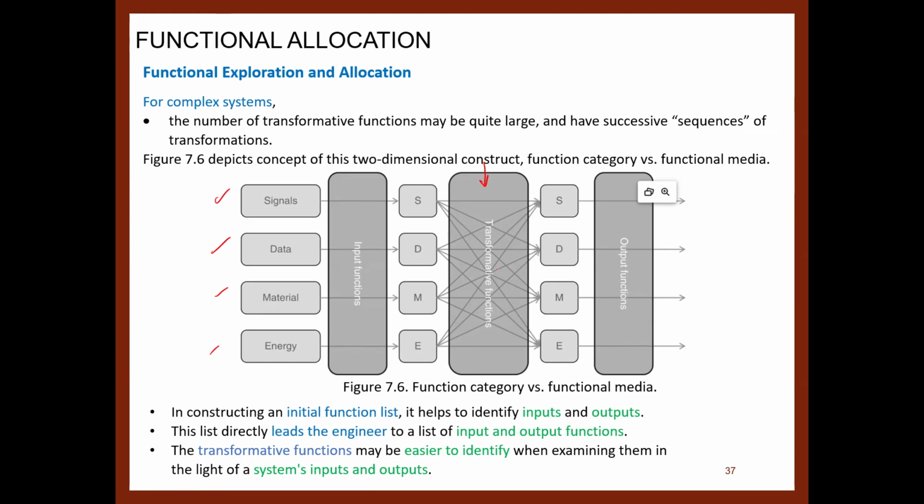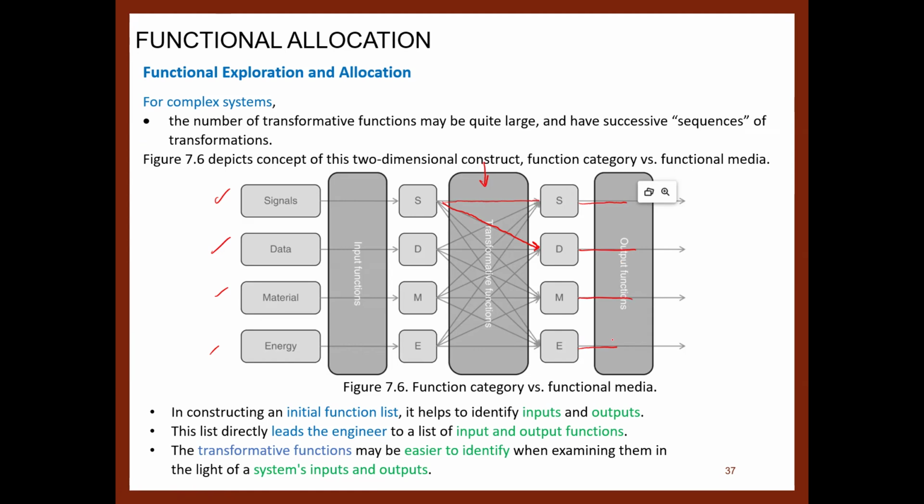Those inputs are transformed. They can be transformed to something similar, or they can be transformed in combination with other mediums to something else, right? Like if you gather data from the weather, you're transforming that from the environment to a number, right? So that is a signal that is being transformed to data, and so on. And then from here, we got the outputs.